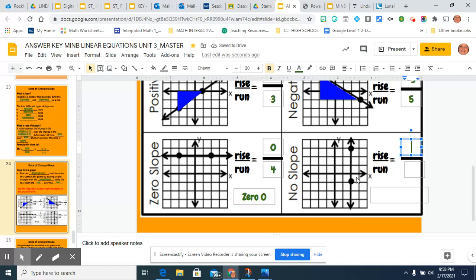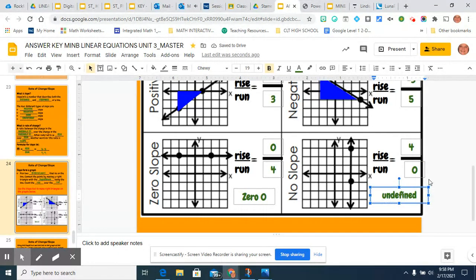Whereas on the other side, I can see I have a rise of 1, 2, 3, 4, and my run is 0. And a number cannot be divided by 0. This is considered undefined.